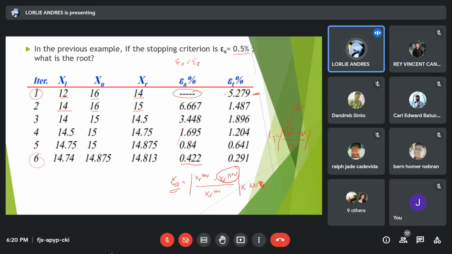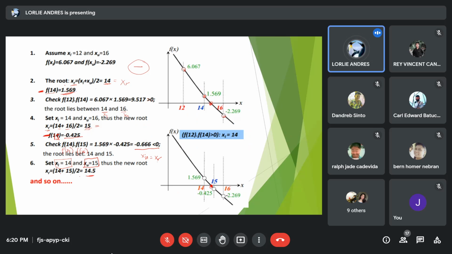Sa first iteration, ang imuhang x sub L is equal to 12, ang imuhang x sub U is equal to 16, and then x sub R is equal to 14. Next iteration, ang imuhang x sub L is equal to 14, x sub U is equal to 16, and then x sub R is equal to 15.